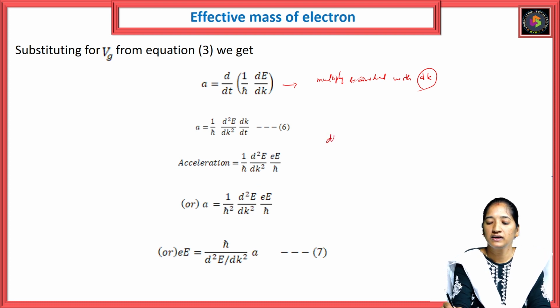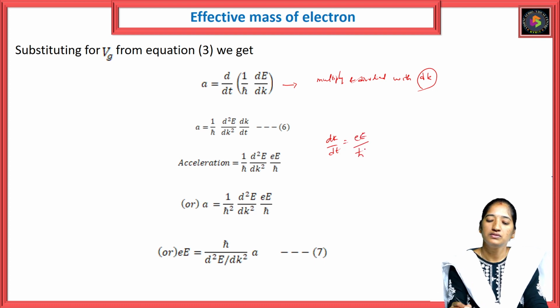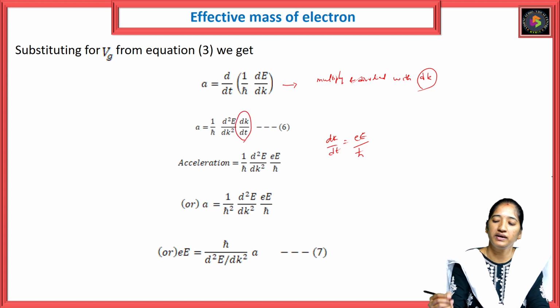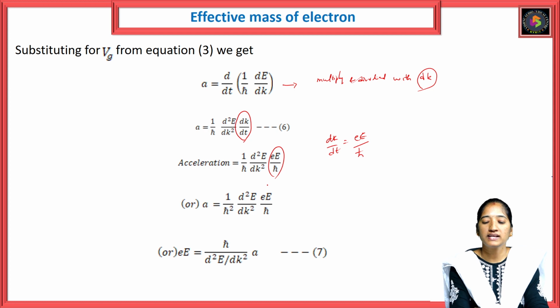In the place of dk by dt we substitute E by h cross. So acceleration is 1 by h cross square d square E by dk square into E, or E is equal to h cross square by d square E by dk square into a.